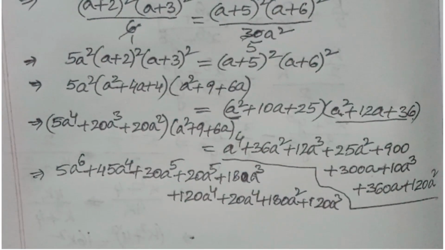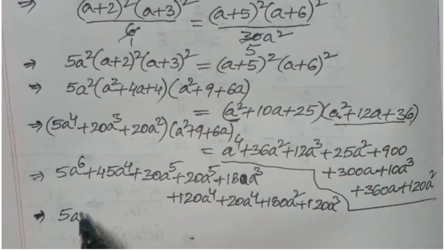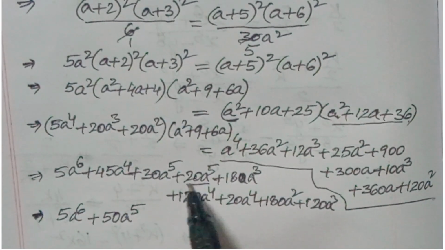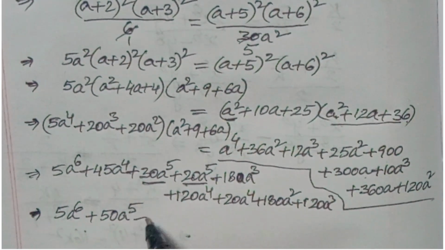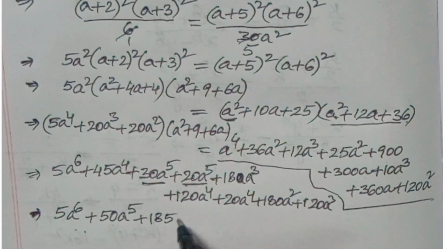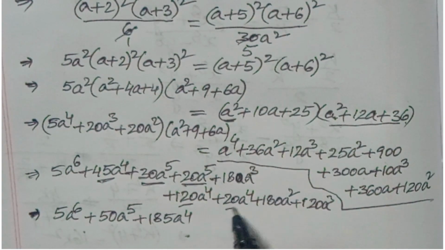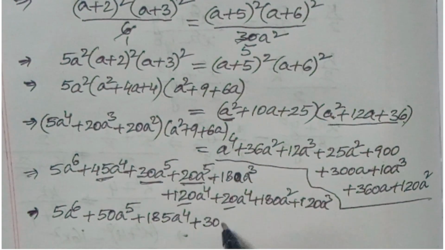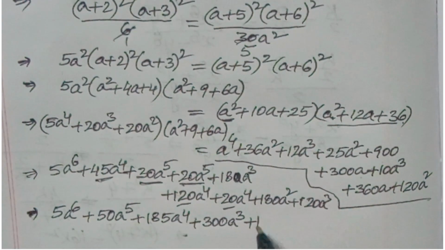If you add all this and write the simplified form: 5a^6 plus 50a^5, here 20, here 30, total 50a^5, plus 185a^4, one term here, one term here, one term here, plus 300a^3 plus 180a^2.